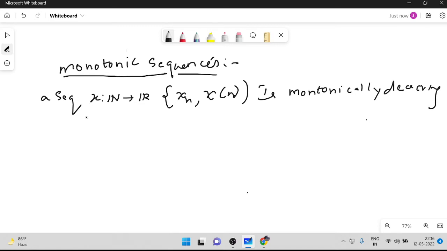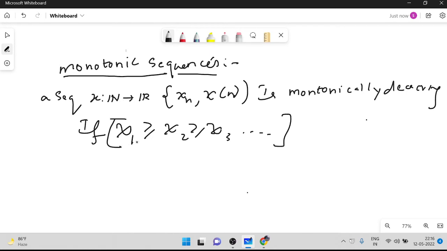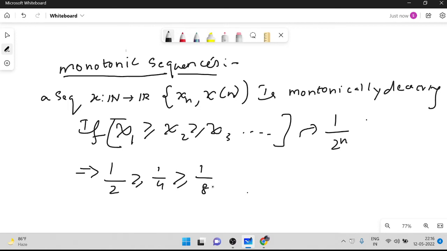A sequence is monotonically decreasing if x1 is greater than or equal to x2, greater than or equal to x3, and so on. So every next term of the sequence is lesser than the previous term. For example, 1 by 2 power n: we have 1 by 2, greater than or equal to 1 by 4, greater than or equal to 1 by 8, and so on. So this is a monotonically decreasing sequence.